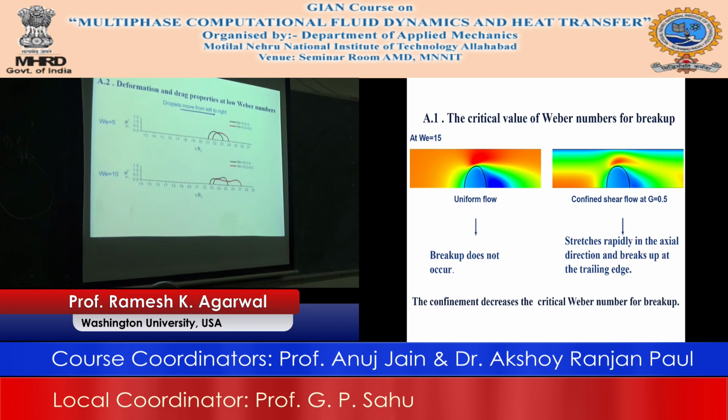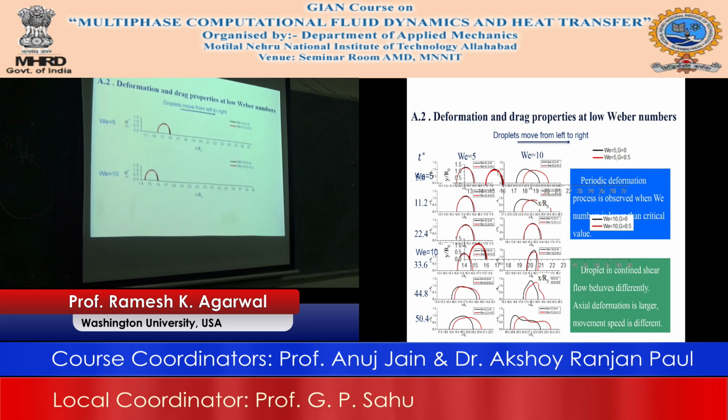Okay. So now you can see here, this is a lower Weber number. The lower Weber number with uniform flow, which is G equal to 0, and with a non-uniform flow or shear flow, you can see the evolution.